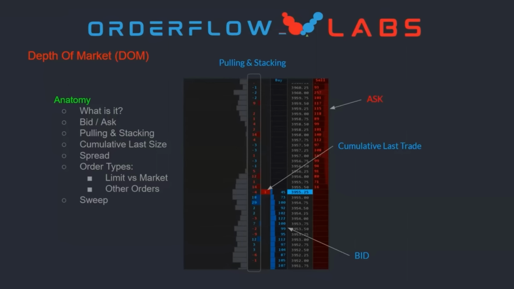But good till date is an order that remains in the market until it's executed at a specific date. A fill or kill order is an order that must be executed as a complete order immediately, otherwise it's canceled. A market on close order, we hear a lot about this. MOC orders is a market order submitted to be executed as close to the closing price as possible.